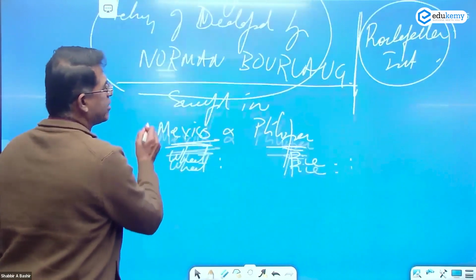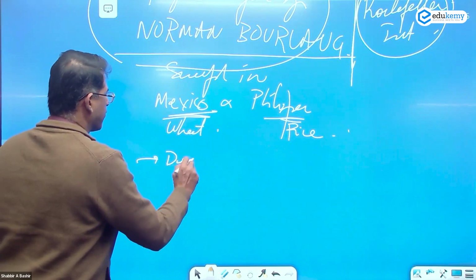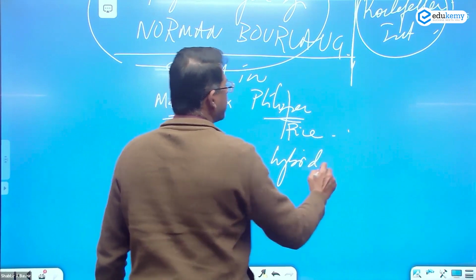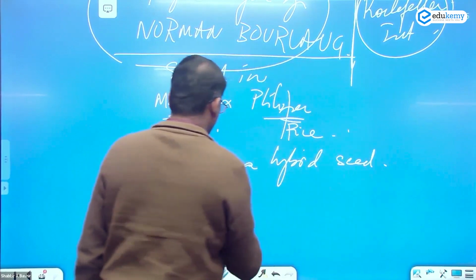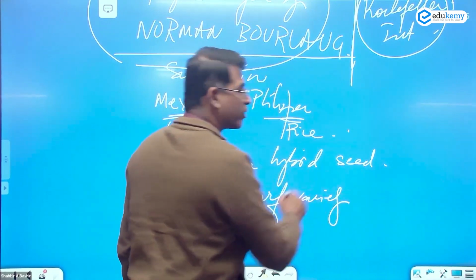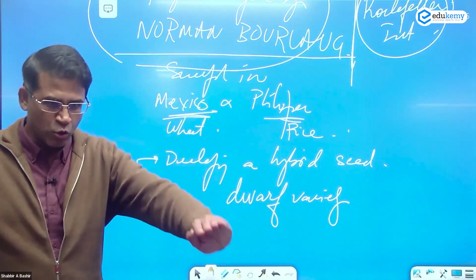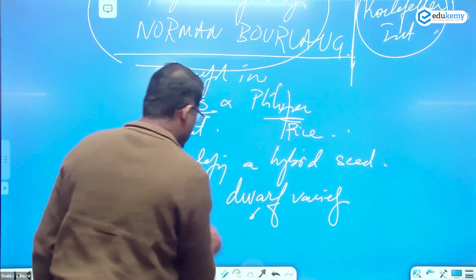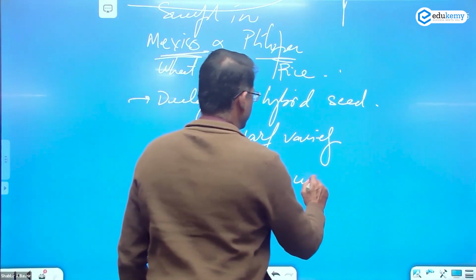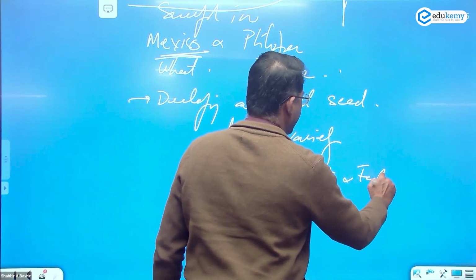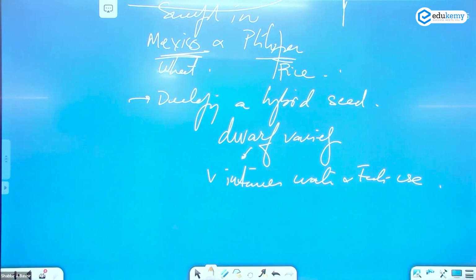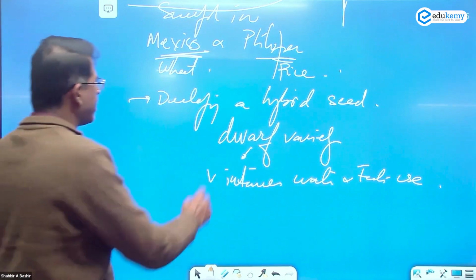Okay, what was in this technology? It was developing a hybrid seed which was a dwarf variety.